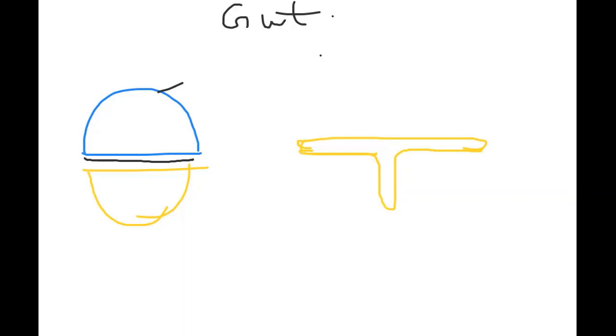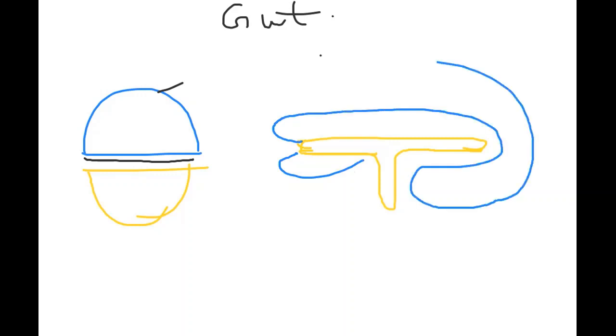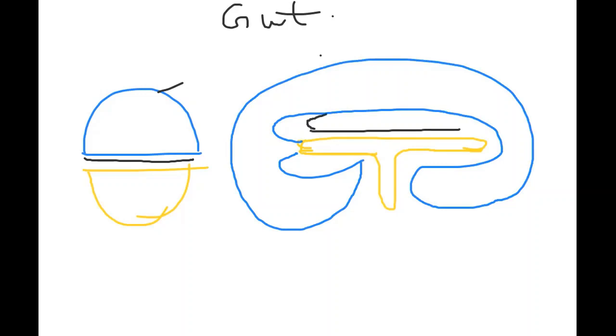All around, this structure is surrounded by the amniotic sac, in this manner. The notochord here leads to the formation of the neural crest, which forms the brain. So here you have anterior, here you have posterior.